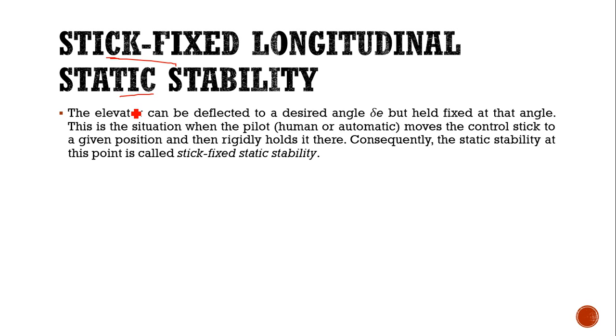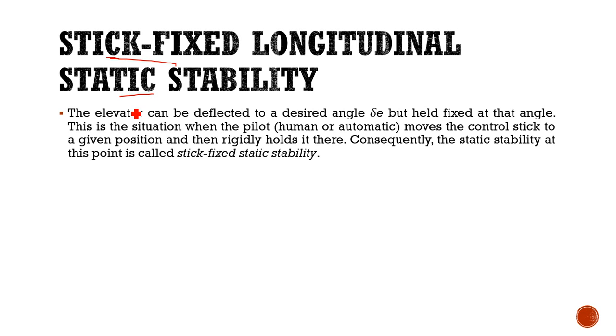But in some conditions, the pilot doesn't have enough force to hold the elevator or the control stick in a rigid manner at a fixed position. Because of that, some problems were encountered during flying.